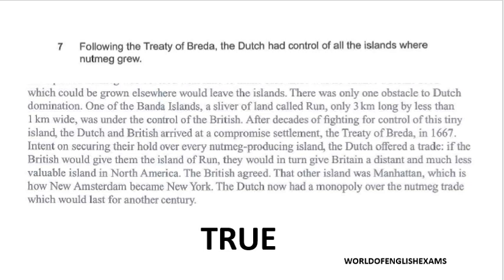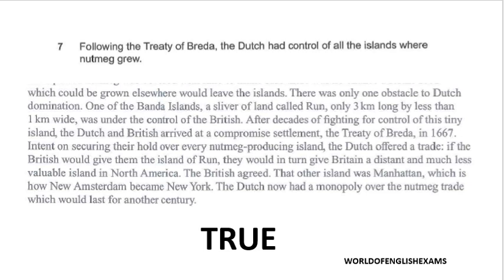So we are now looking at the last sentence. The other island was Manhattan, which is how New Amsterdam became New York. The Dutch now had monopoly over the nutmeg trade.